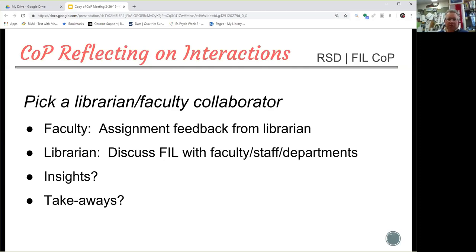I really don't care what the topic is as long as it's defined within the class context. Hans used to come into my classroom and do a 20-minute, half-hour discussion on databases, and then we used to go with some of my classes to the library and do a whole workshop.